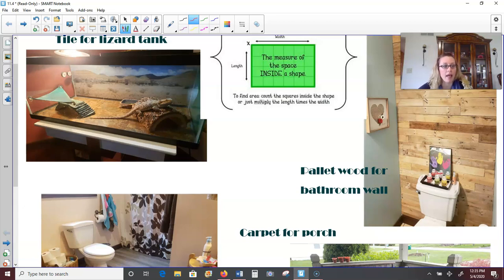He had to measure the length and the width, and he was able to calculate how much wall space there was, and he could then determine how much pallet wood he would need to nail up behind the toilet. You could see he did a nice job measuring out the area of that wall, because he was able to cover the wall completely with pallet wood.